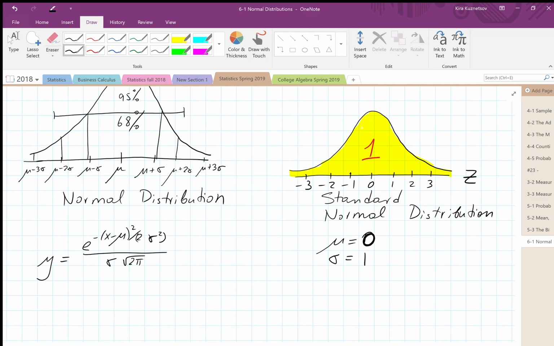So this is only for calculus people, but if you can make sense of this, that's great. So what you're doing is you're finding the area under the curve, and apparently it has to equal to a 1.